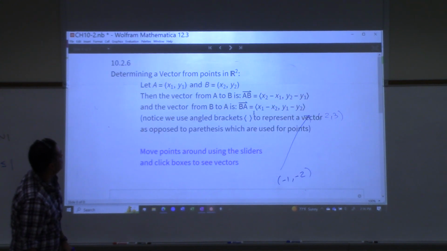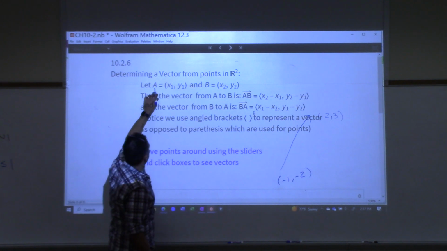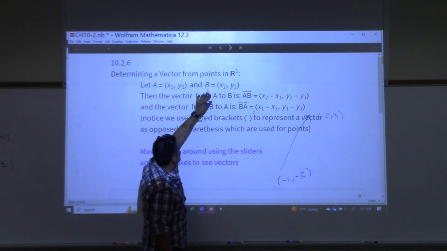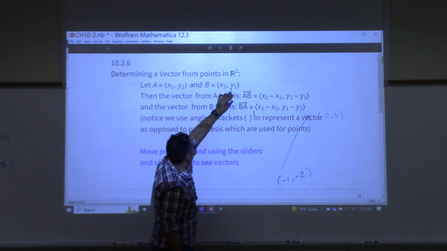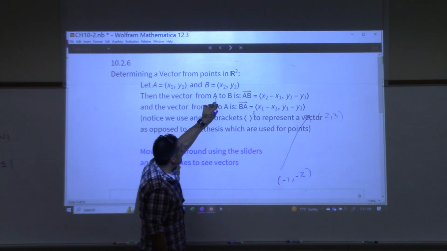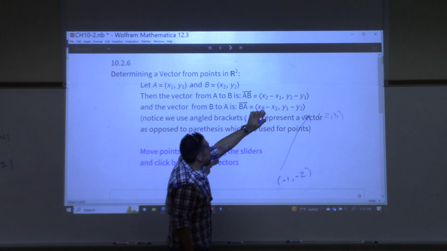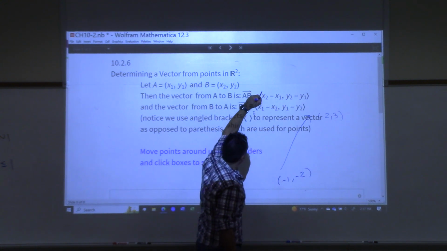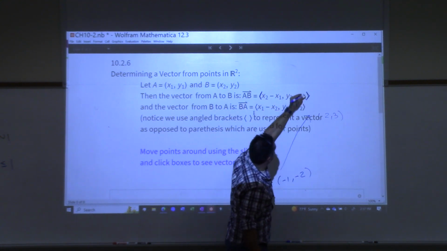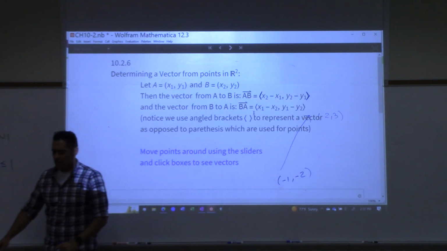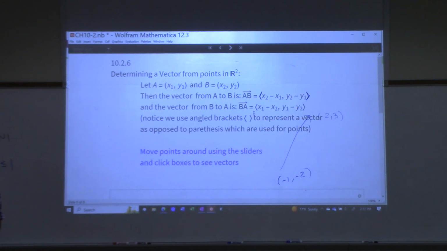What we're going to do is if we have a first point A, (x1, y1), and a second point B, (x2, y2), then the vector that goes from A to B, we write this way, AB like that, is going to be written with, anyone know what we call those right there? They're not parentheses. We call them angled brackets.